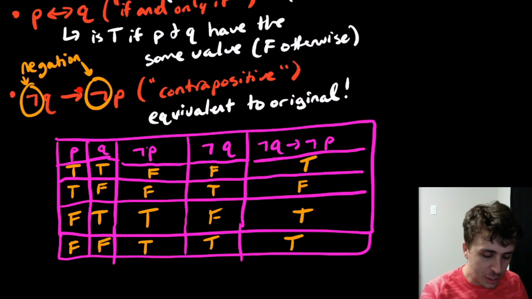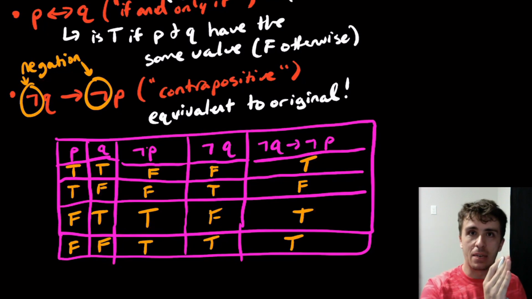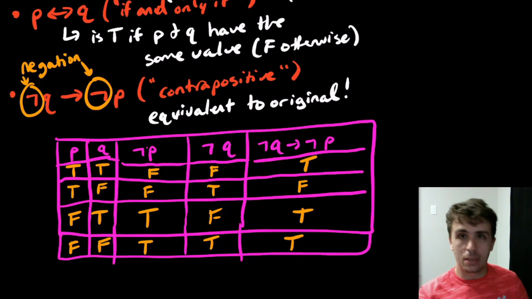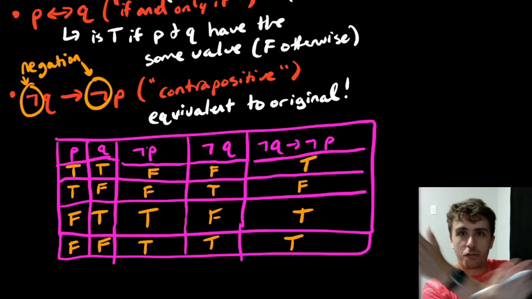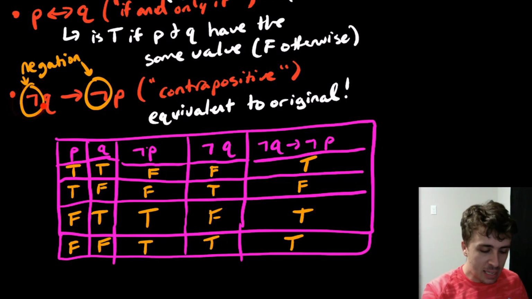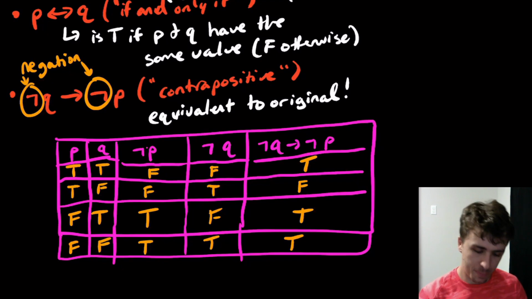And that's actually quite surprising because Q was on the right side of the implication, and now it's on the left side. We saw before that the converse, where you flip the order of the two, was not exactly the same. But by putting these negating symbols at the front, that changes it from not being the same to being exactly the same. And that's actually quite surprising to see.